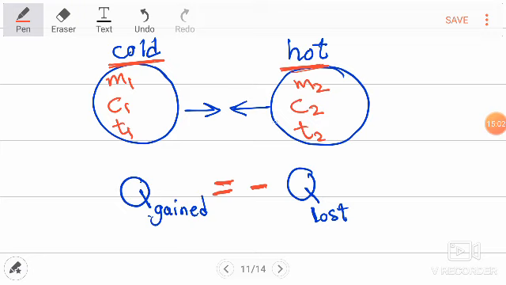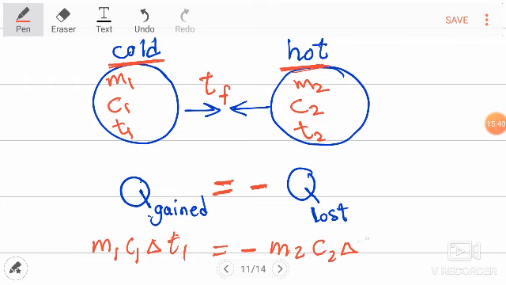After mixing them together, the temperature of the hot object decreases and the temperature of the cold object increases until they reach thermal equilibrium, or the same temperature, which is called T final or TF. So now, the quantity of heat gained equals M1 C1 delta T1, and the quantity of heat lost equals M2 C2 delta T2.